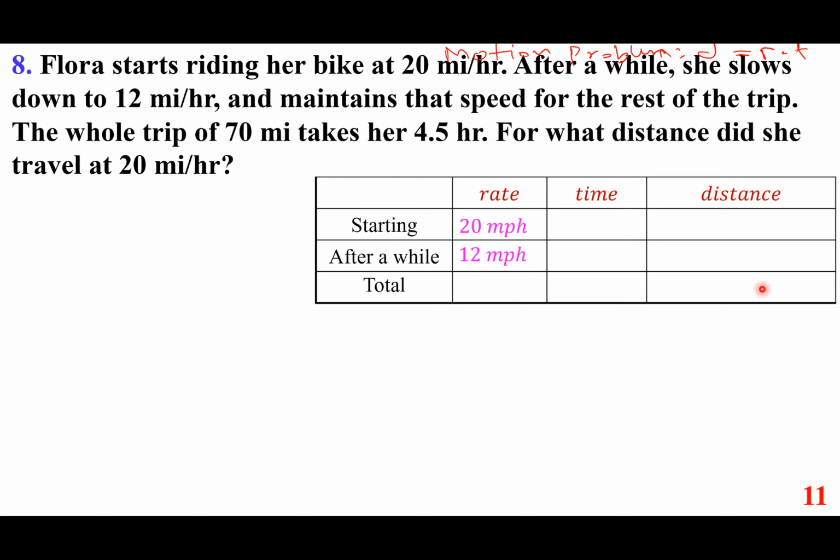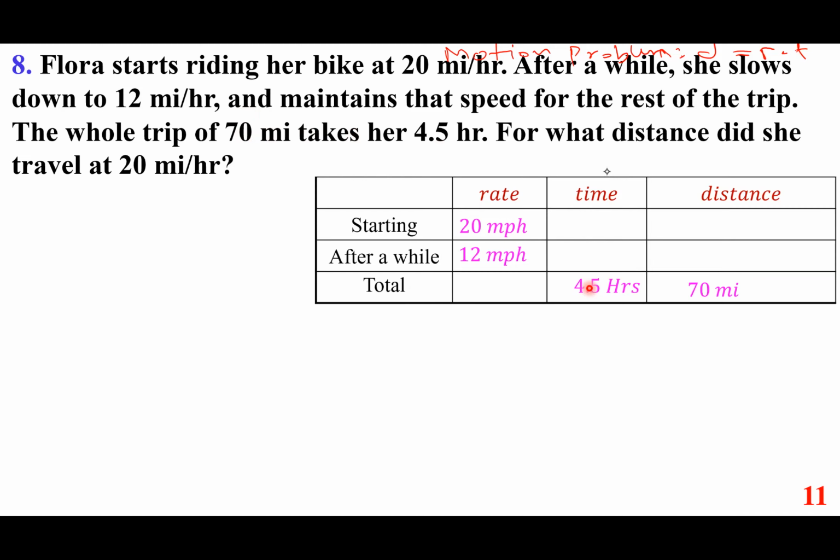Total distance. 70 miles, total distance. Takes her how long? 4.5 hours. Here's the time. So here's the total time of 4.5 hours. So this is the given.